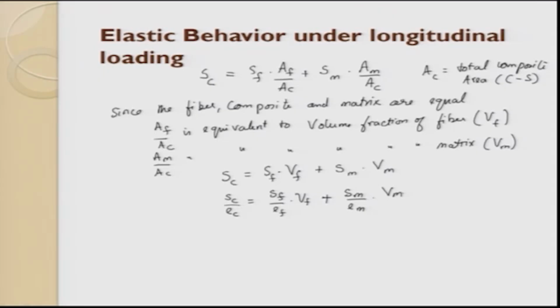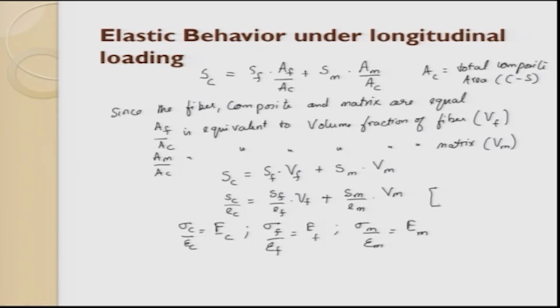When the deformation of the composite, fiber and the matrix is assumed to be elastic, then sigma C by EC, sigma F by EF, where EF is the Young's modulus of the fiber, then sigma M by EM, where EM is the Young's modulus of the matrix.